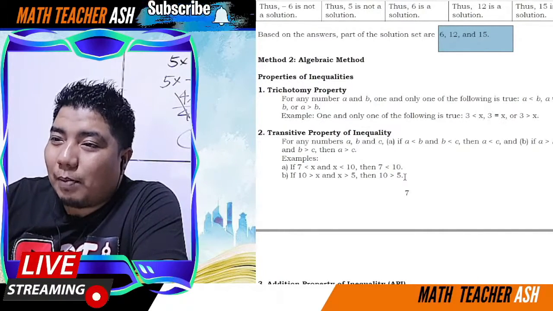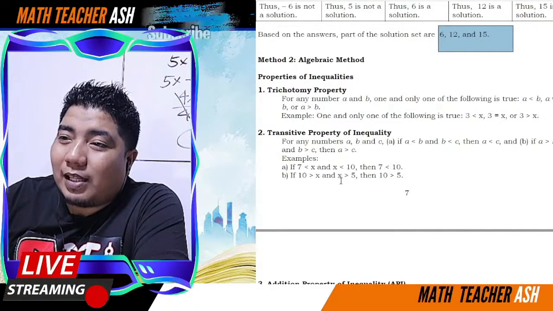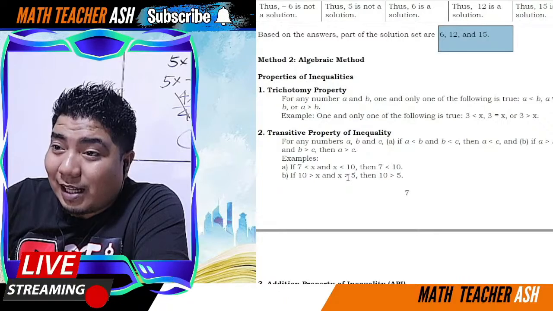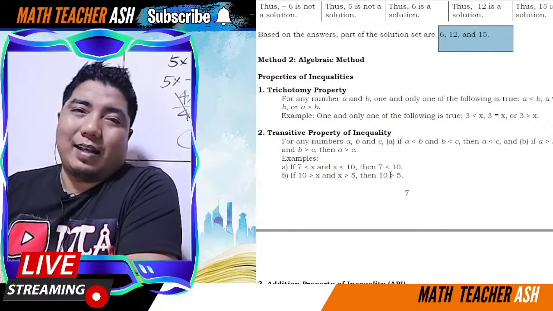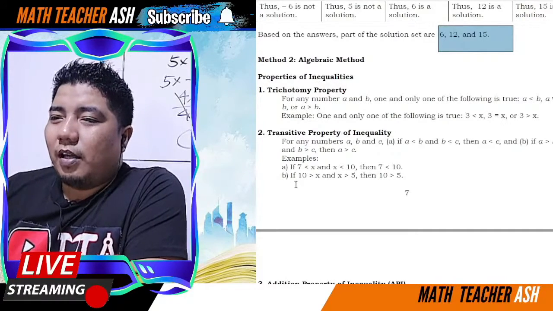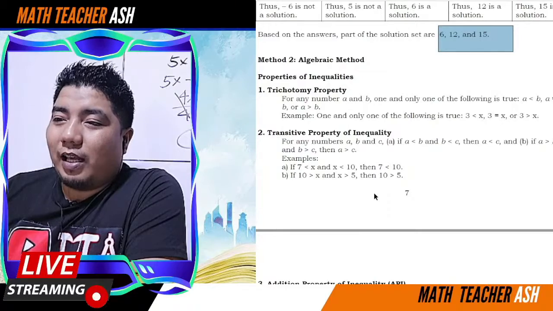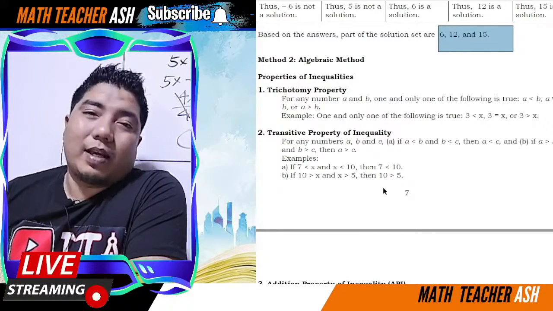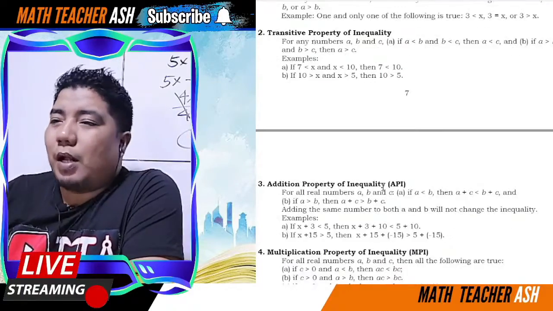Okay? Transitive property, of course, if 7 is less than x and x is less than 10, then we can say that 7 is less than 10. Okay? And then if 10 is greater than x and x is greater than 5, then we can say that 10 is greater than 5. That is another transitive property.